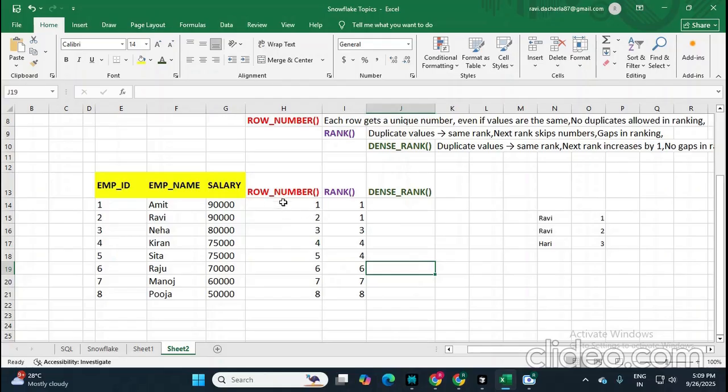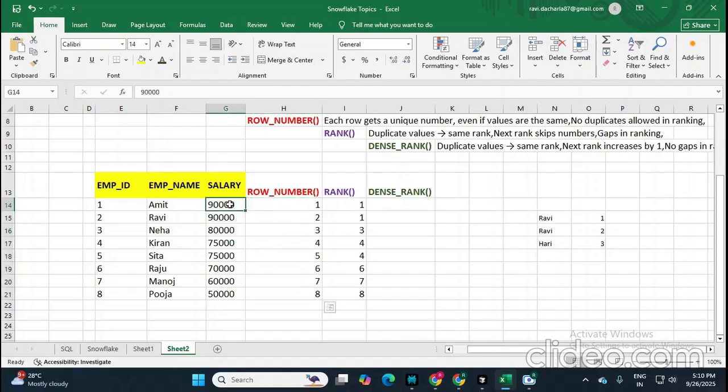So you got the difference between row number and rank. In row number, each row gets a unique number even if values are the same. But in rank, if there are duplicates, it assigns the same rank, and the next rank skips numbers, leaving a gap in the ranking.